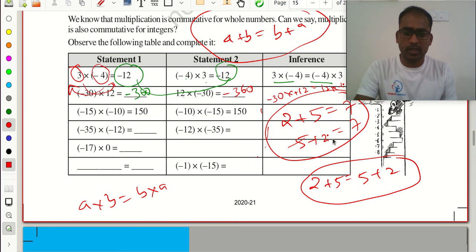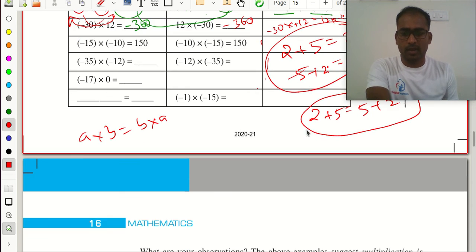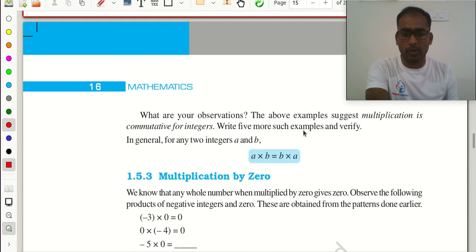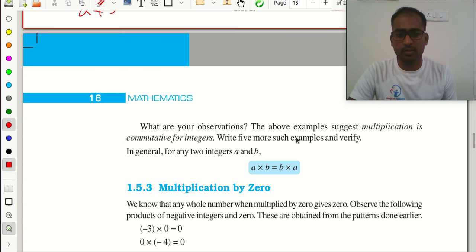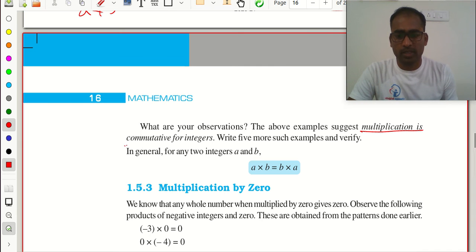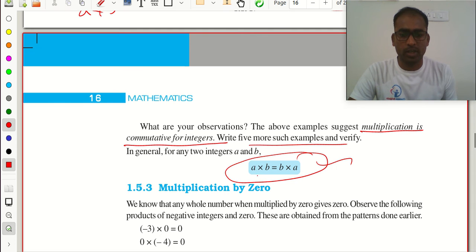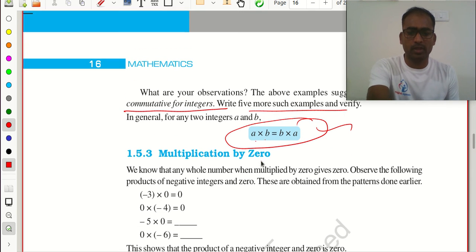So I can say these integers are commutative under multiplication. So multiplication is commutative for integers. So this is the thing only: a multiplied with b is equal to b multiplied with a.